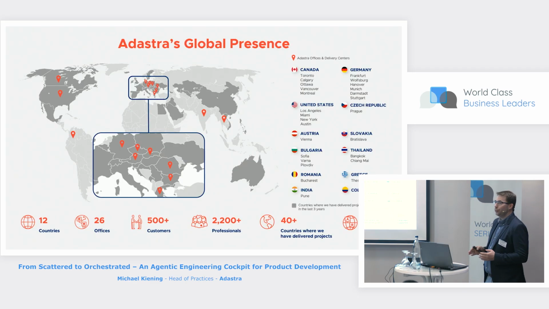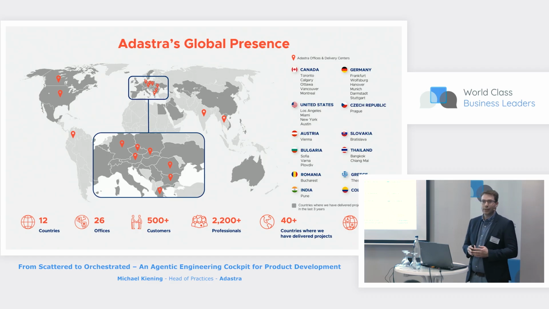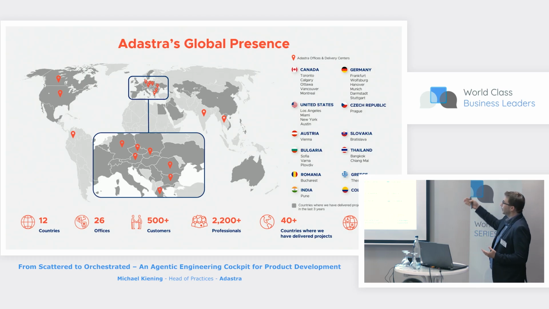Okay, let's get started. Adastra. Again, I already told you we are an international IT consulting company. From the size perspective, we are around 2,200 employees. So we really try to combine the best of both worlds. We try to be thought leaders in our fields, data analytics and AI, and at the same time offer these global capabilities with nearshoring, offshoring. We have several offices in Germany. As you can see, our main headquarter in Germany is in Frankfurt, but I personally am originally from Munich.